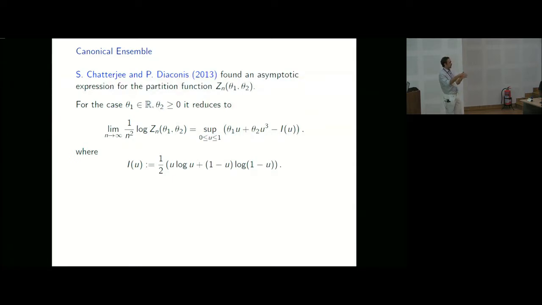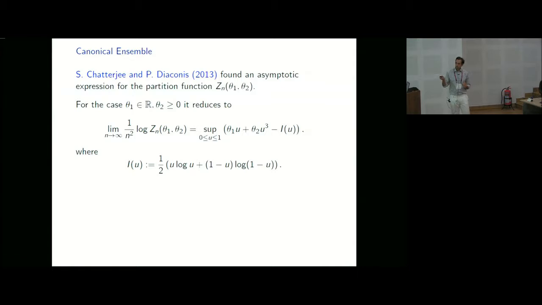So for θ1, θ2 all real numbers, they found a variational formula for this partition function. And for the case that Bhamidi also considered in his paper, so if θ2 is non-negative, this reduces to this supremum over the unit interval.